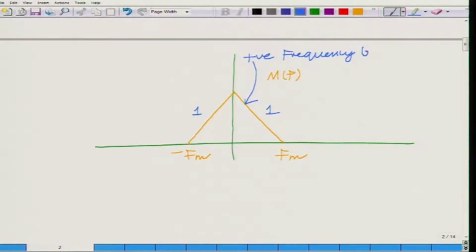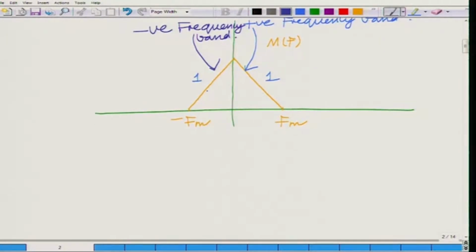Scaled by unity implies that they are essentially the original message spectrum.